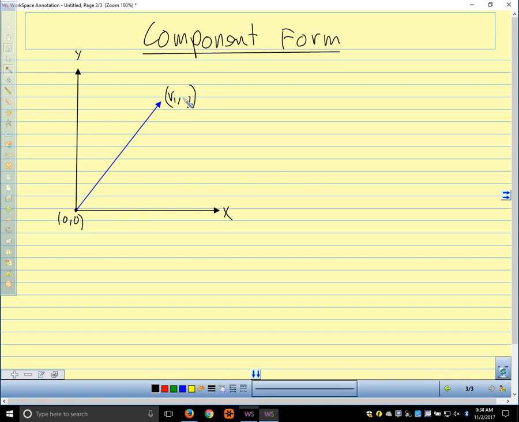Those are just the coordinates of that point. And instead of x and y, I'm calling them v1, v2 because this is a vector. And this is vector v. When our vector has its initial point at the origin, we say the vector is in standard position.